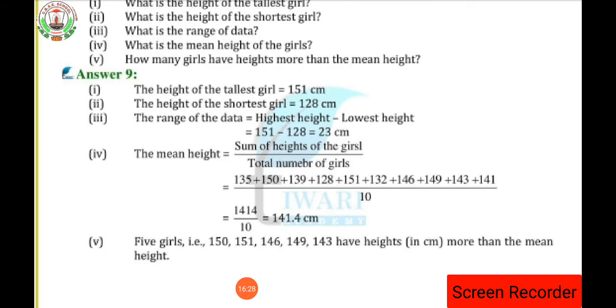Seeing the table, we can say that 5 girls have height more than the mean height of 141.4 centimeter: 150, 151, 146, 149 and 143.